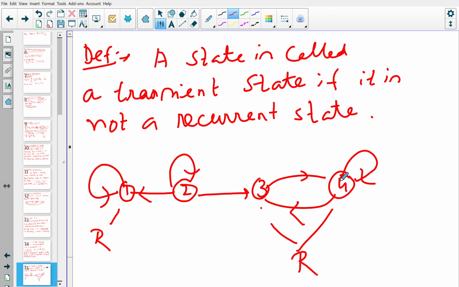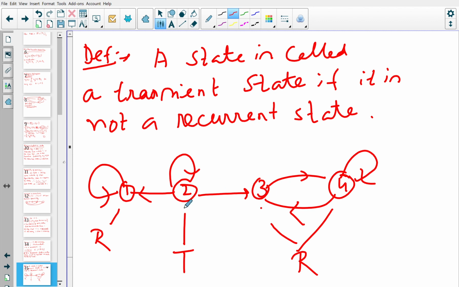Because from 3 you can go to 4, and from 4 to either 4 or 3, so anyway you will come back to the same place. But 2 is a transient state. Why? Because from 2 you can go to, say, 3, but you cannot come back from 3 to 2.